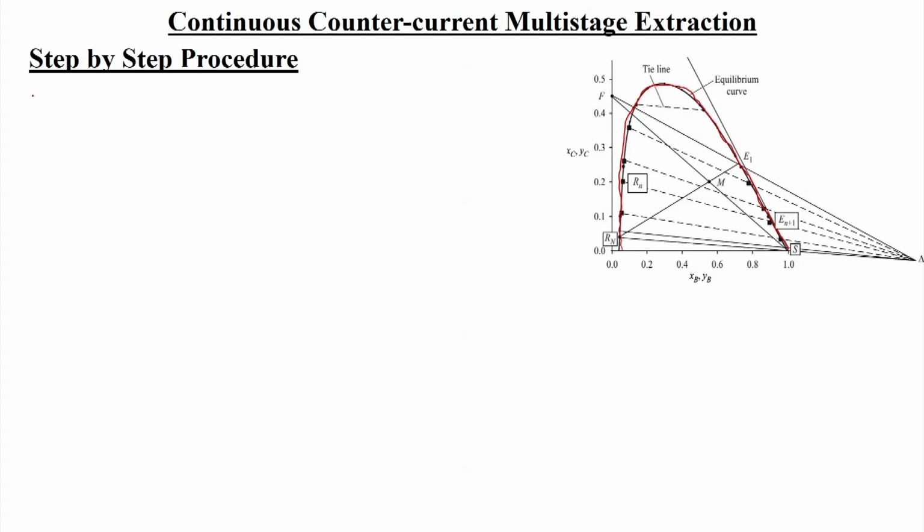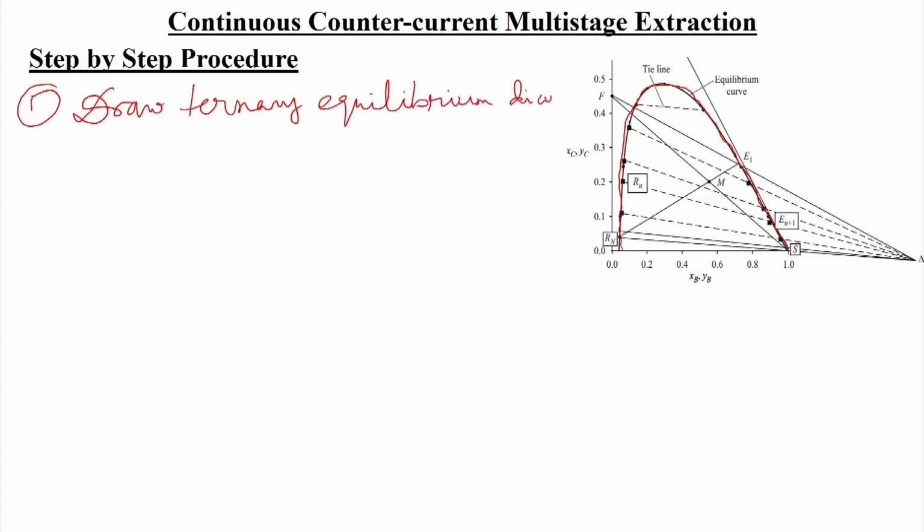So, the first step is to draw this ternary equilibrium diagram. This diagram may be of any type, as we discussed: it may be a right angular triangular diagram, an equilateral triangular diagram, or on a solvent free basis.